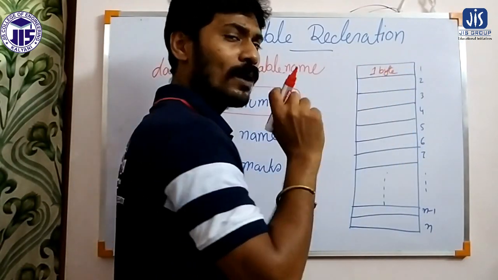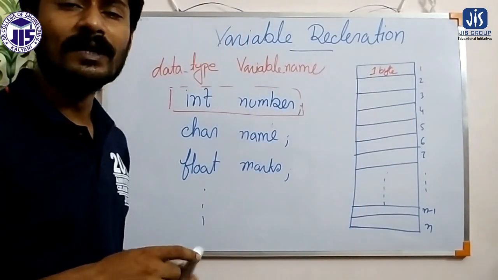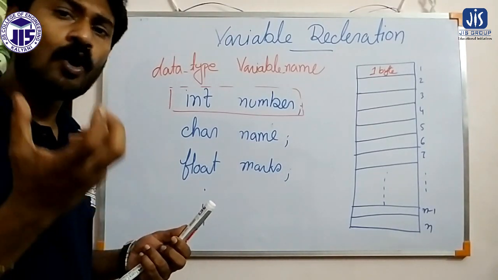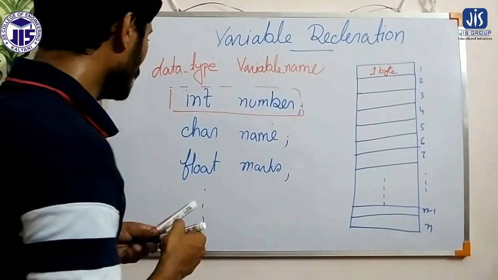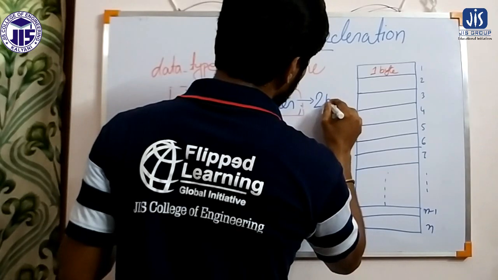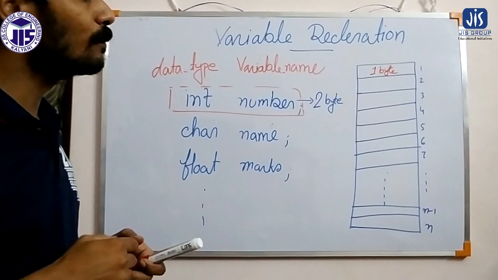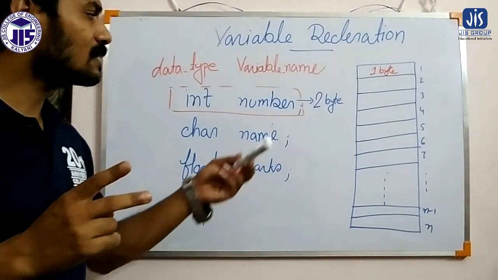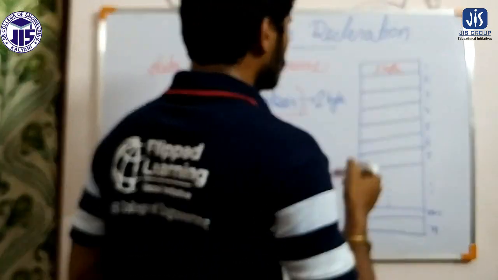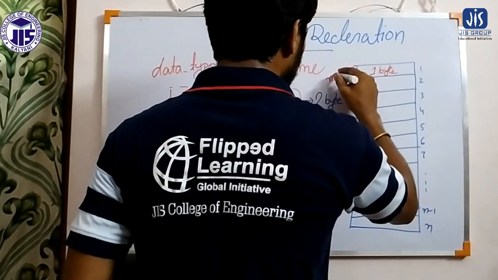Now we know the size of integer is 2 bytes, or 16 bits. So for this number variable, 2 bytes will be required. So it will assign 2 byte locations for this number variable.